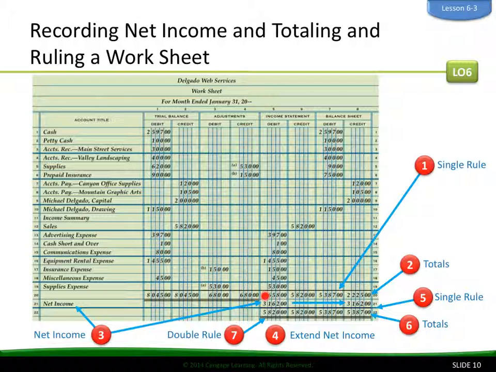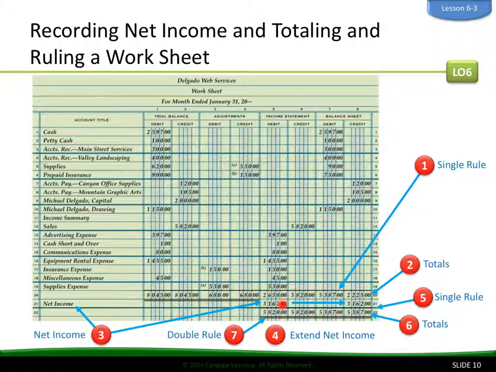Okay, 2,658 plus 3,162 equals 5,820, which is right there. We did it right. Okay, this should always be that number. This one totals down, and here. Now, if these two numbers don't match and these two numbers don't match, you have done something wrong. Trust me. Go back.